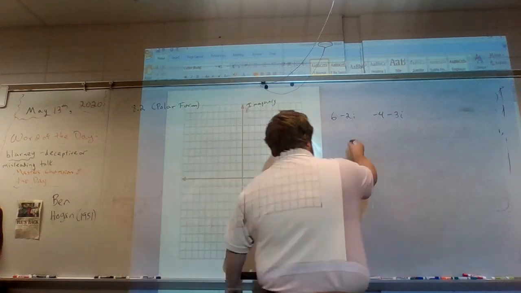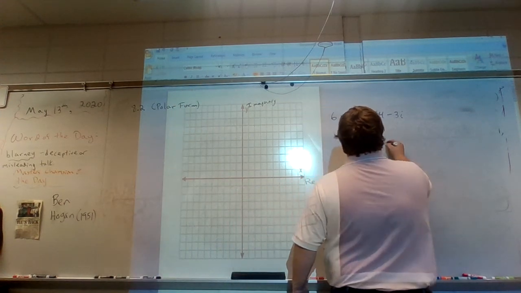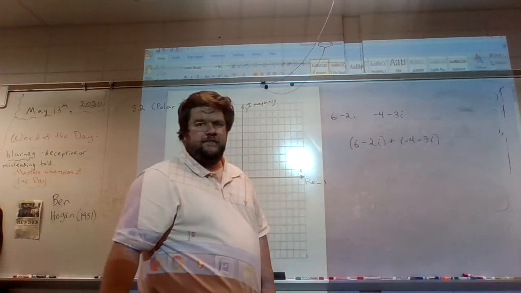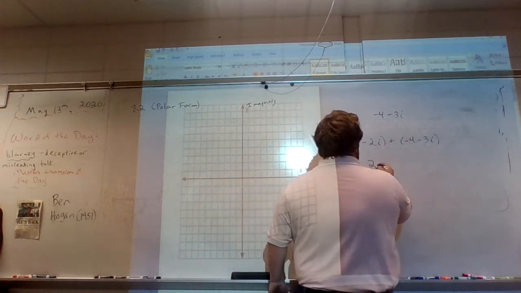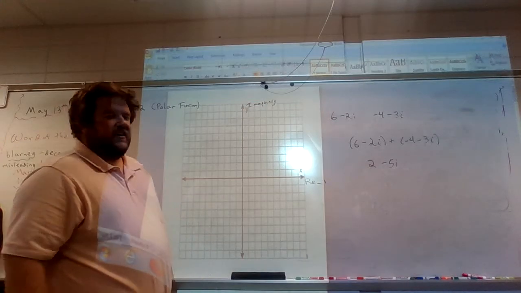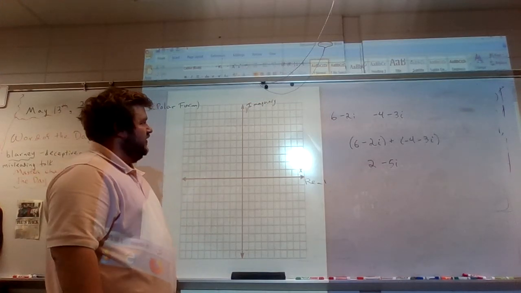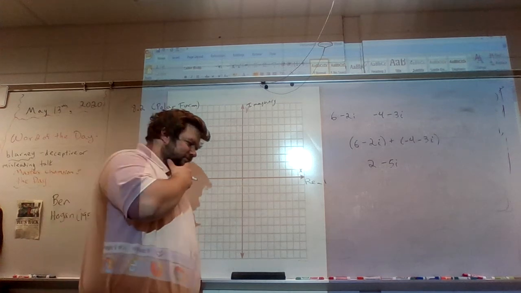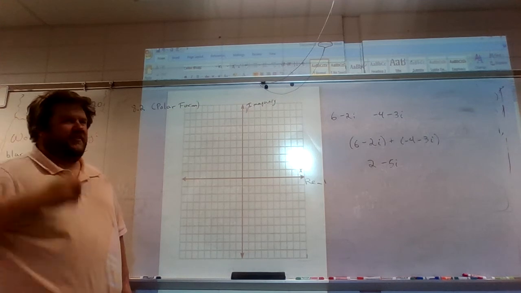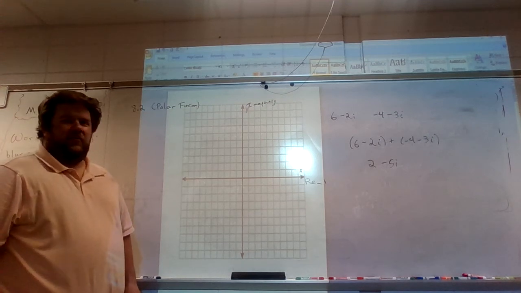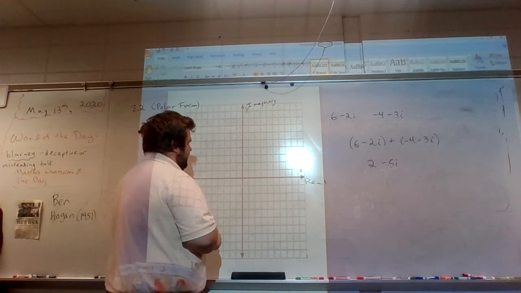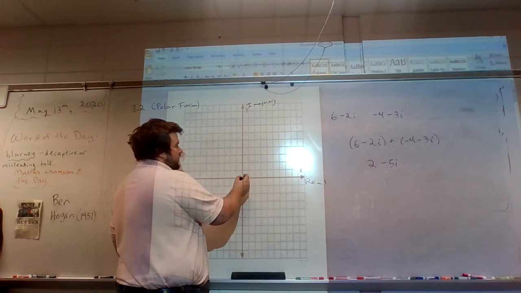There's the way I just mentioned, 6 minus 2i plus -4 minus 3i, and I would get 2 minus 5i. Or there's the way of thinking about these complex numbers as vectors instead of points. Later on, maybe much later, you'll come to see vectors and points as not really that different. They share a lot of the same properties. Technically they are different, but you'll see.